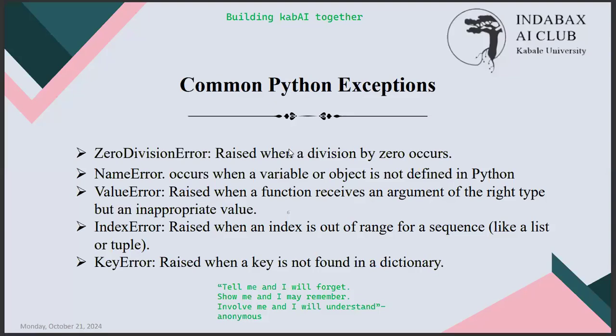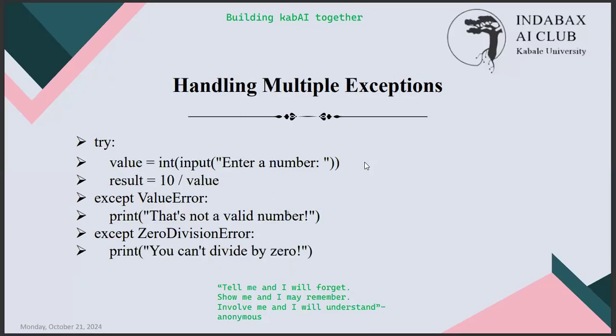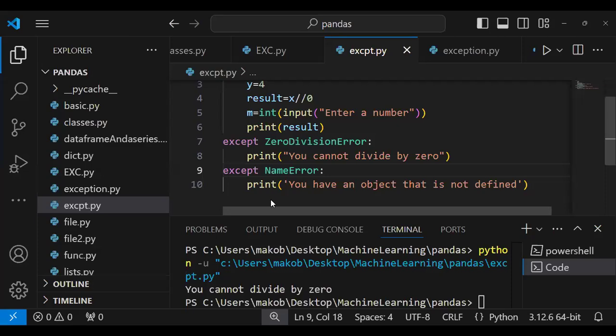So you can catch multiple errors or exceptions just by using except, then you put the type of error that you wish to handle. Then you put except again with the next error that you wish to handle, and you keep doing that to handle all the errors that you expect to happen when this program is run. So you're seeing here we are having, you cannot divide by 0.